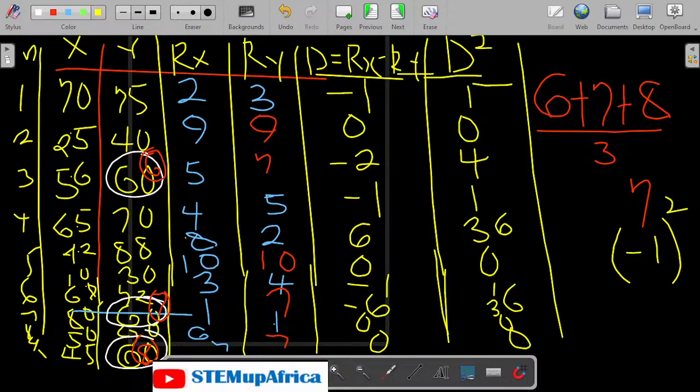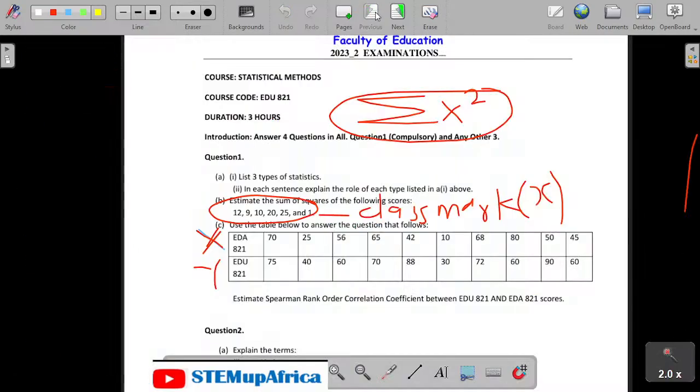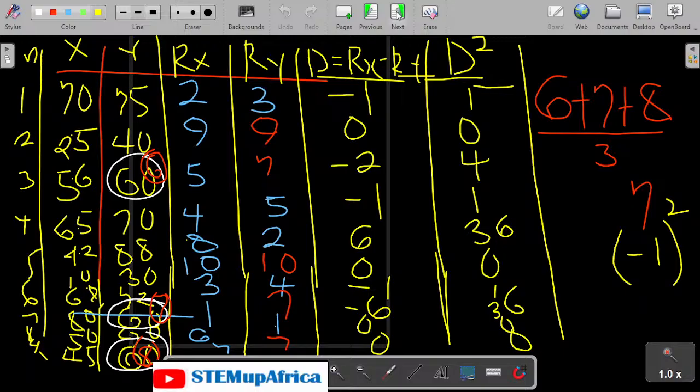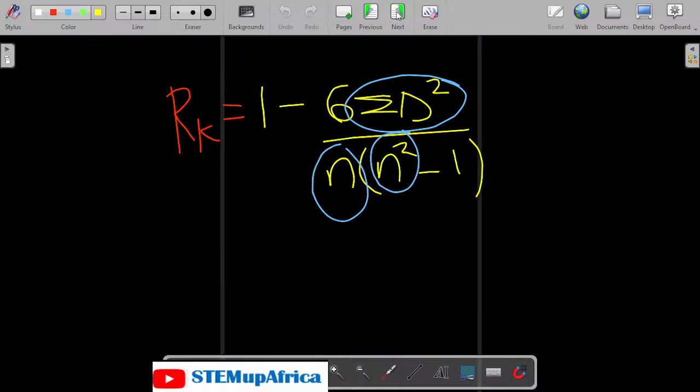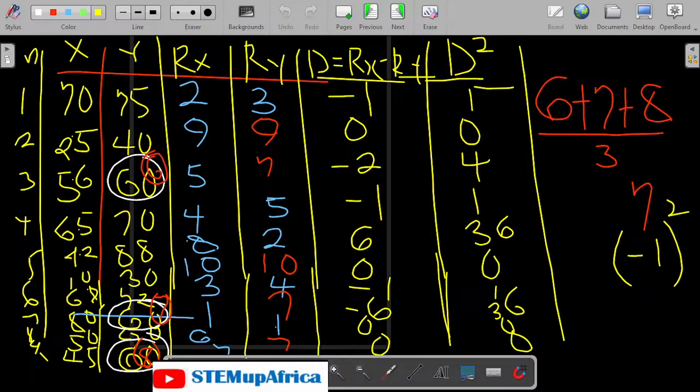So let's go back to the formula we stated earlier and see how it is applicable here. The formula is 1 minus 6 sigma d squared. So what I need is sigma d squared, meaning I need to add all these numbers together to give me the sum.